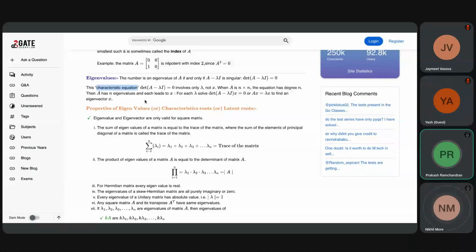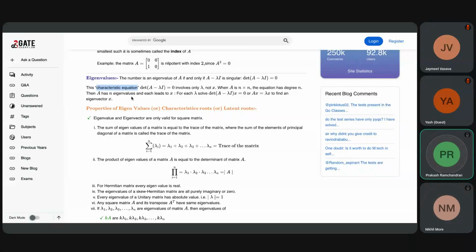Eigen is a German word for own, so that is the characteristics of the matrix, its own characteristics. In A minus lambda I, lambda is a constant, any real value. It's a scalar value basically.